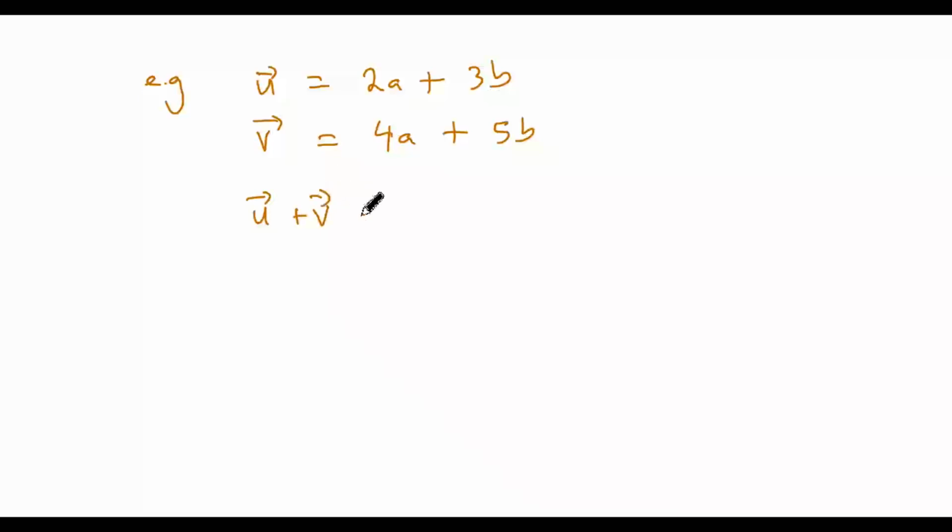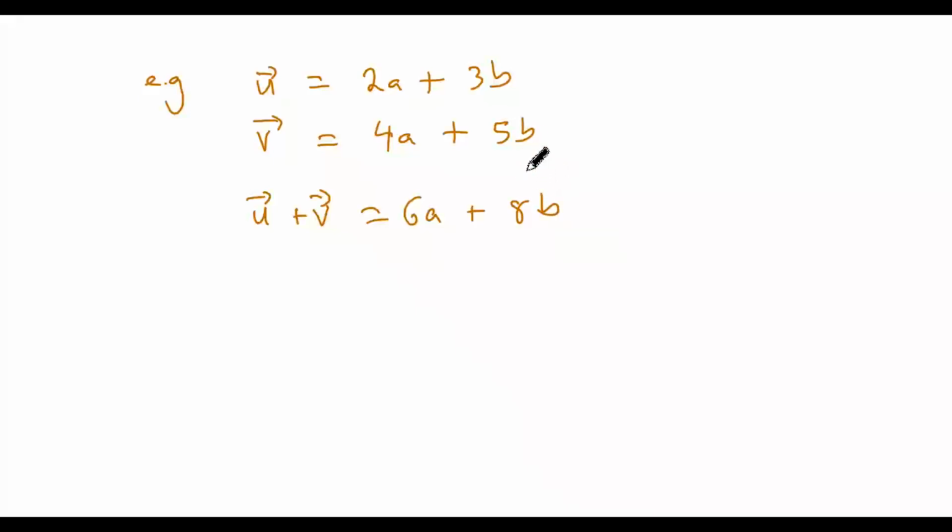If you have vector u equals 2a add 3b and vector v equals 4a add 5b, then vector u add vector v will be 4a plus 2a, that will be 6a, then plus 3b plus 5b, that will be 8b.